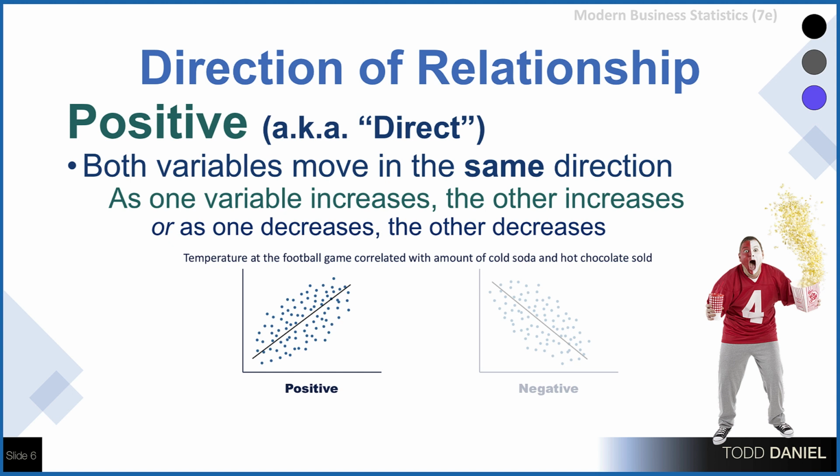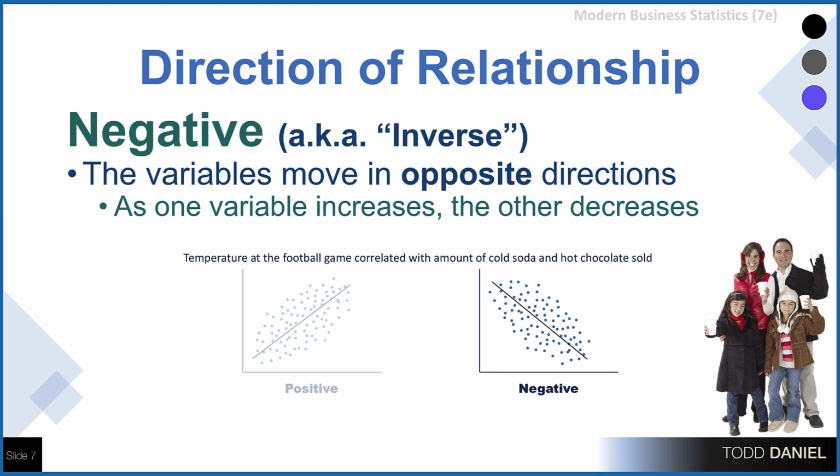So in an example of us selling concessions during a football game, as temperature goes up, the amount of cold soda that we sell would also increase. We can contrast this to a negative or inverse relationship between variables, where the variables move in opposite directions, such that as one variable increases, the other decreases.